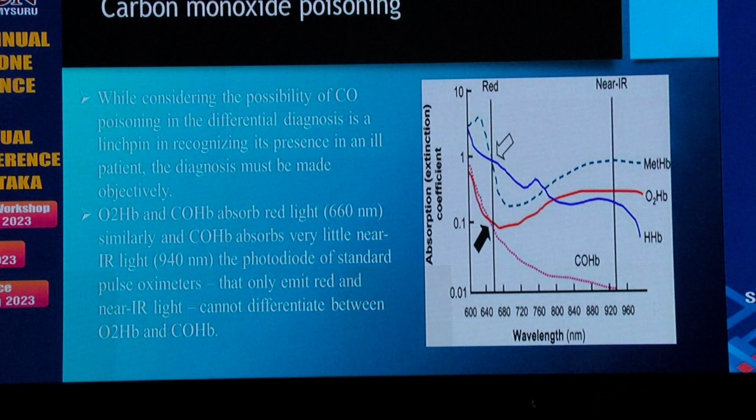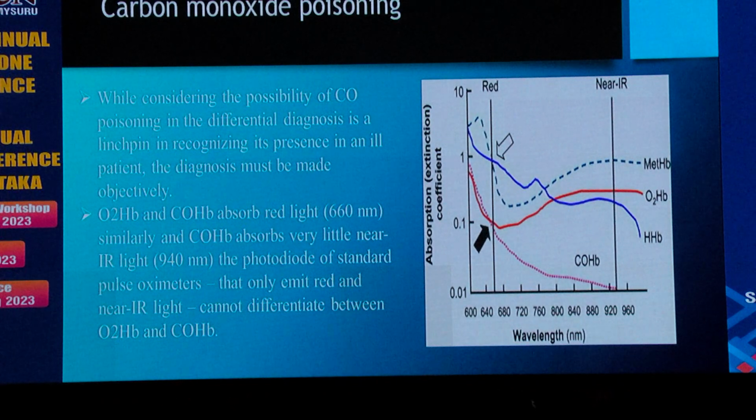If the pulse oximeter reading is normal and the patient is very ill, you should first check the history. Suppose a fire accident is there or the patient has closed-space smoke inhalation, you always suspect carbon monoxide poisoning. This is as simple as that. You always suspect that.